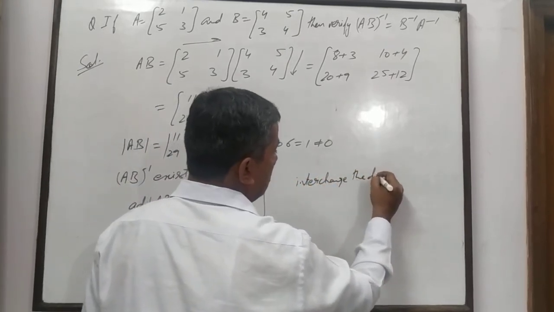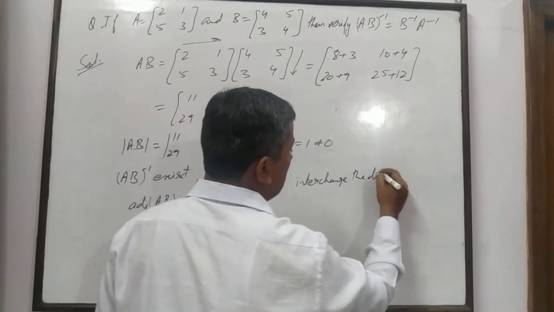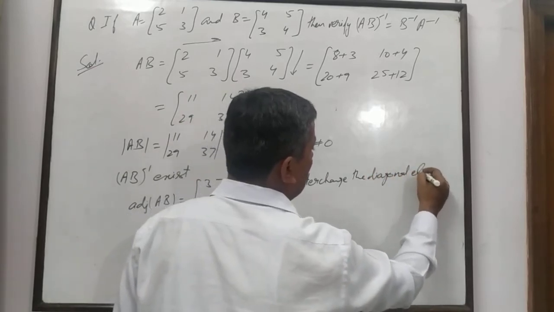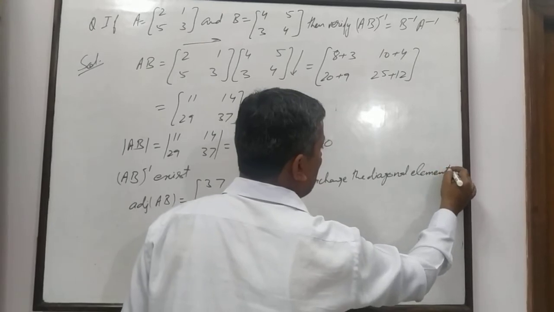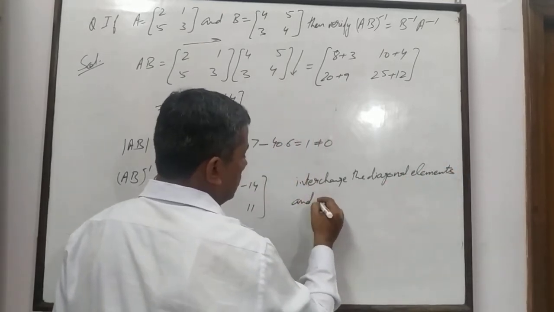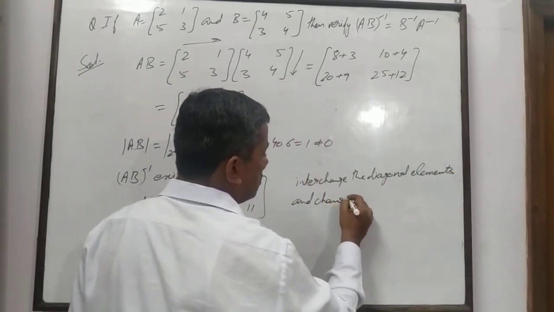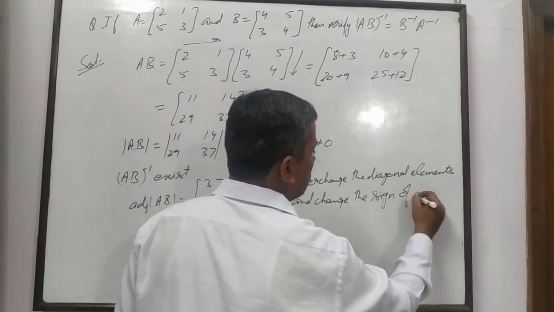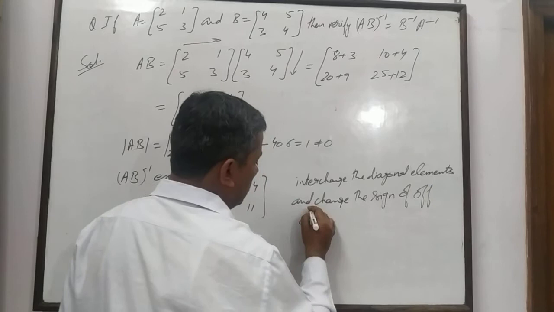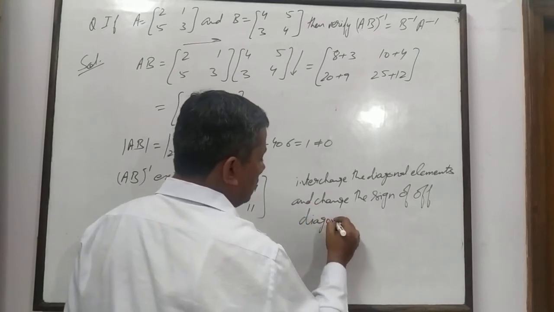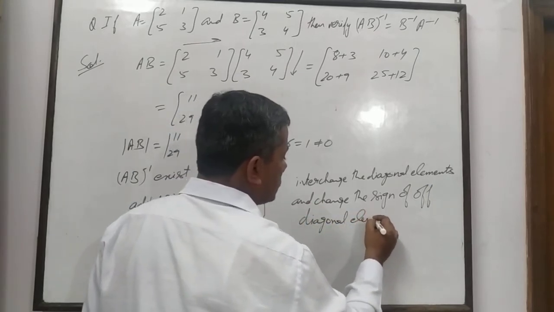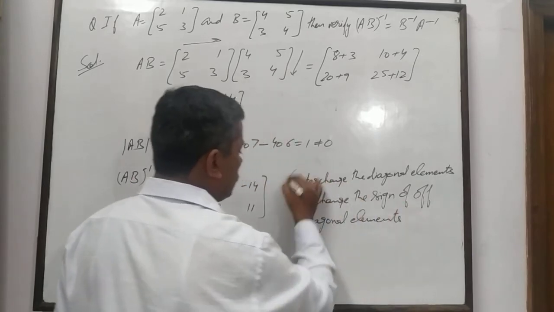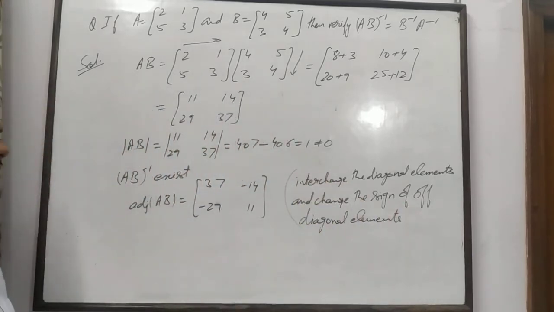What I have done is interchange the diagonal elements and change the sign of off-diagonal elements. So remember this, we are going to use this one or two more times in this question.